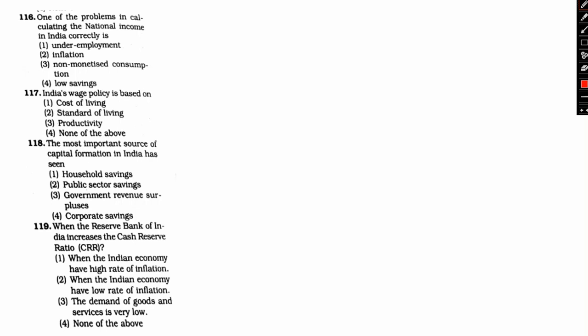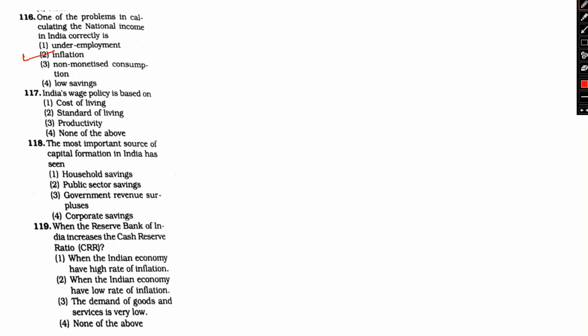So এখানে right answer হচ্ছে গিয়ে inflation. Inflation is a major problem in calculating national income. As inflation rapidly surges, the national income erodes and it becomes difficult to assess the real national income value. Okay, so option 2 will be the right answer, inflation.